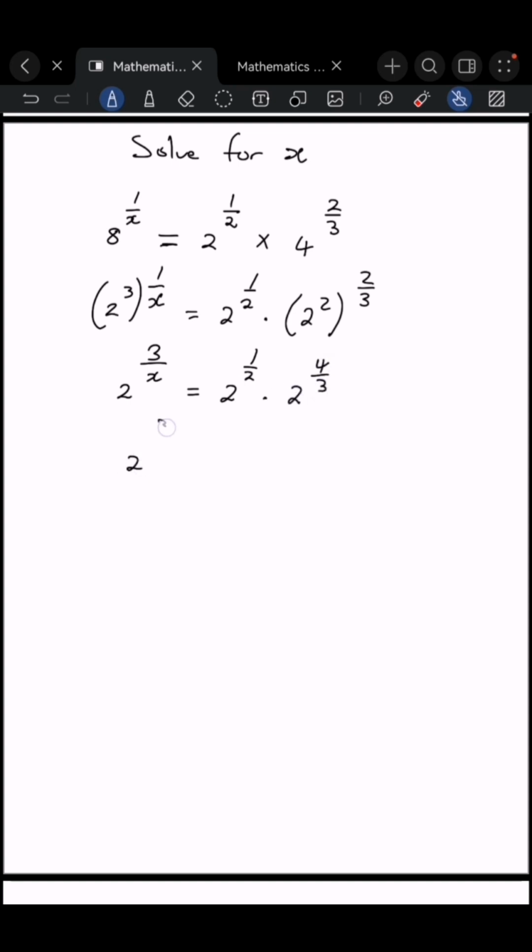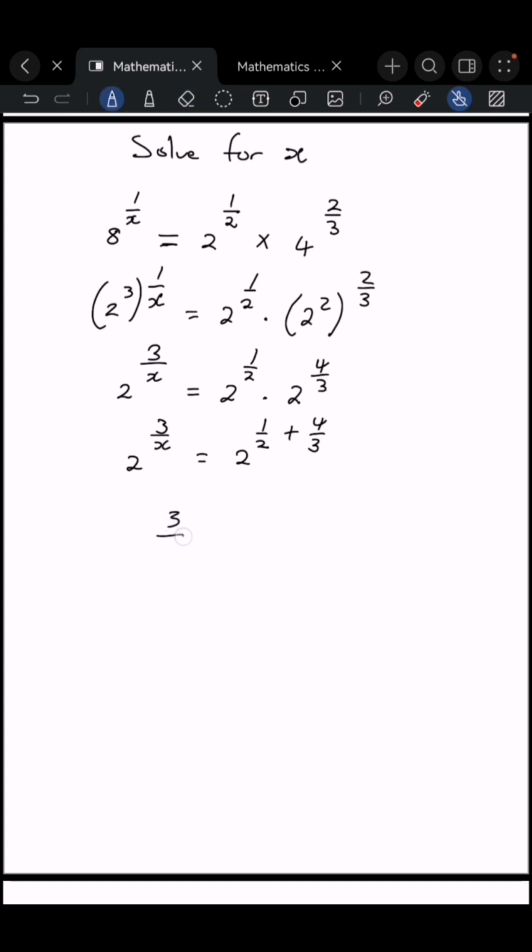Therefore, 2 to the 3 over x is equal to 2 to the 1 over 2 plus 4 over 3.